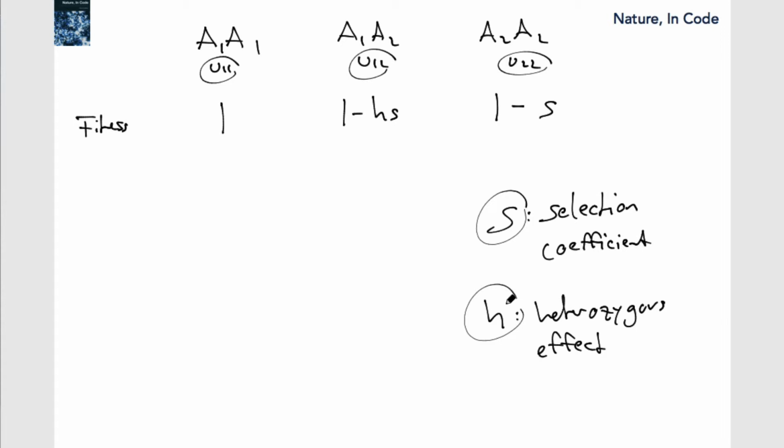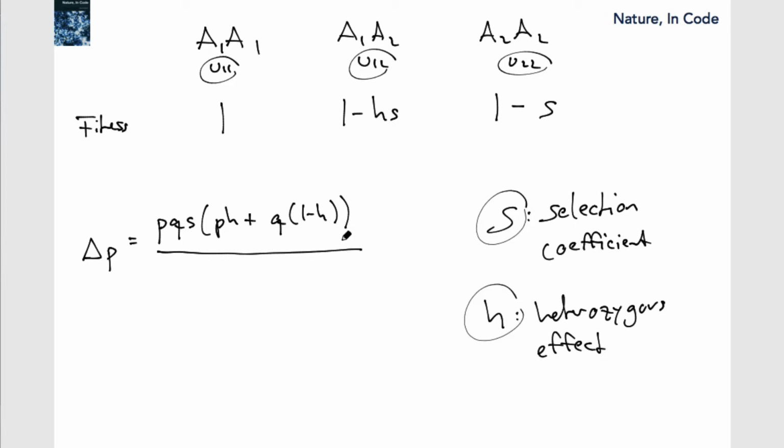And actually the simplified equation now for delta P, and again I have to put simplified in quotes because it's still not quite simple, but it's a bit simpler, is PQS times PH plus Q times 1 minus H, and this whole thing divided by the denominator, which is 1 minus 2PQHS minus 2QS.